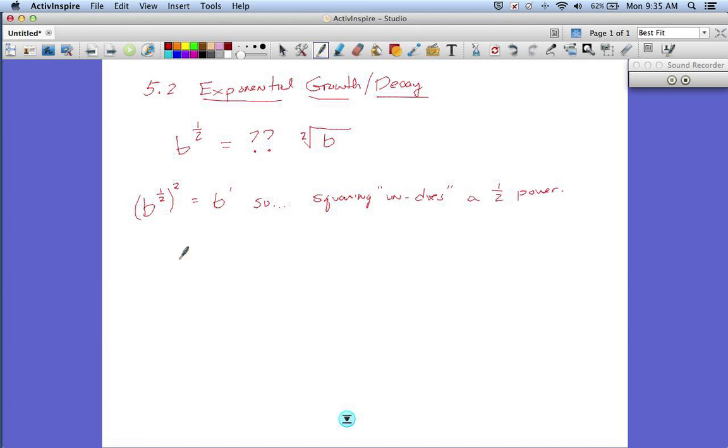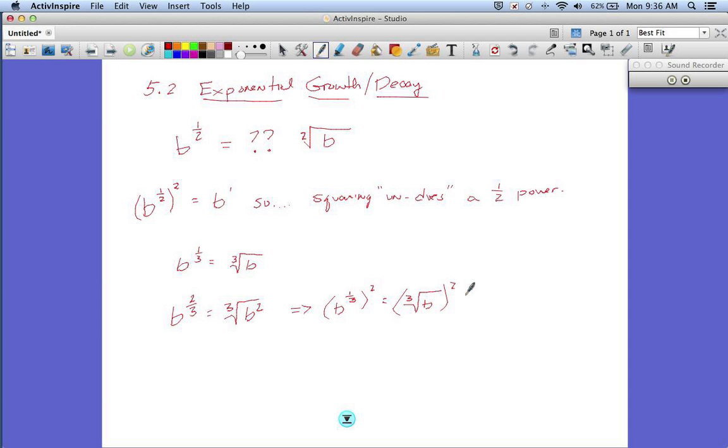Where we do show the index is if we have 1/3: the 3 is our index, and we get the cube root of b. If I have 2/3, now we're getting tricky. This is fancy stuff here. That's the cube root of b squared. And if you think about it, that should make sense, because that is b to the 1/3 being squared, and b to the 1/3 is the cube root of b, and that is being squared.